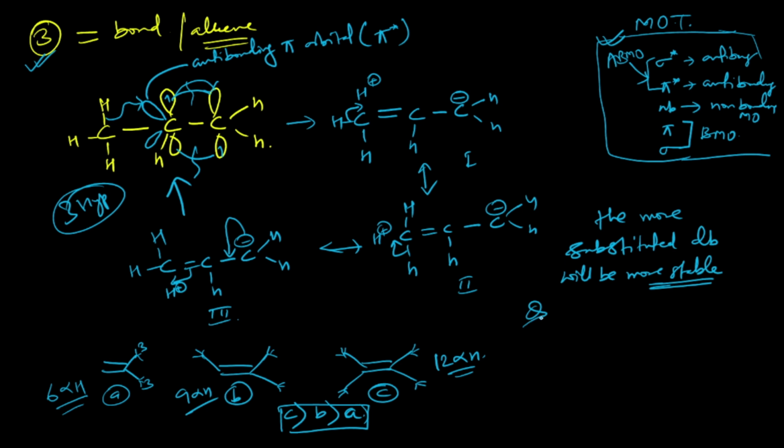And the next question they may ask is the type of hyperconjugation. What type of hyperconjugation is involved in this unsaturated double bond? So here your answer will be that the pi antibonding orbital is taking part in these hyperconjugating structures.